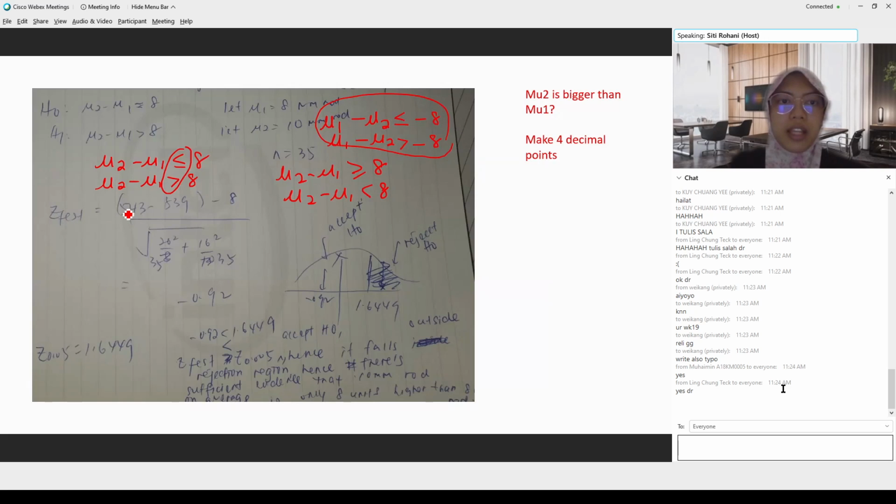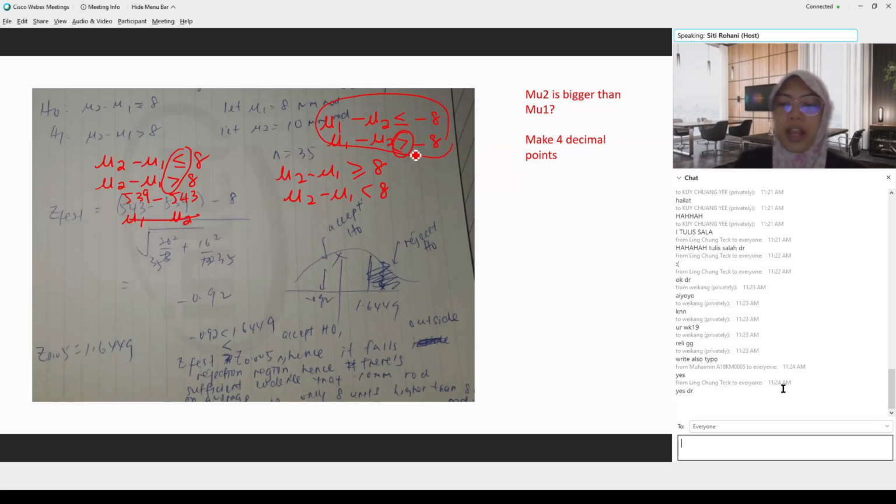However, when you do your z-test, make sure you start here with mu1 and this one is mu2. So this one should be 539 minus 543. You can do the reverse of this, but the z-test should be reversed as well, and the condition for your z alpha must also be changed.